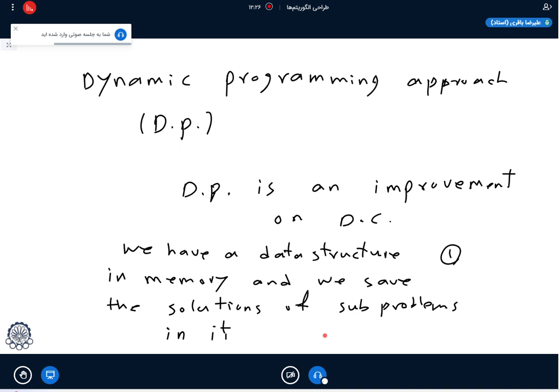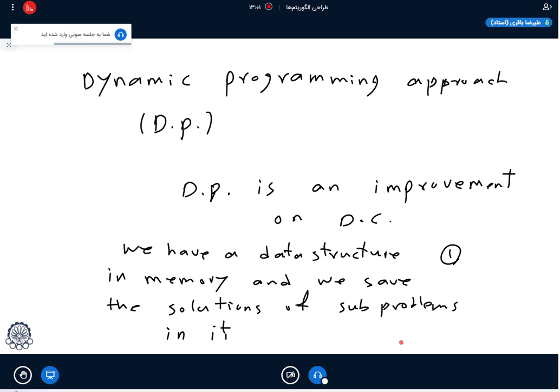So if we have duplicate subproblems, we solve only one subproblem, and for the other subproblems, we use the previous solution which has been stored in the data structure in memory. This improves the method, and we have less time complexity.